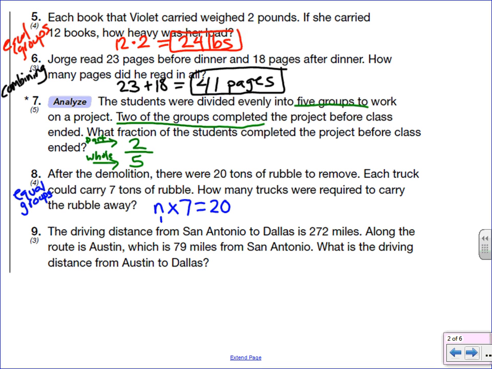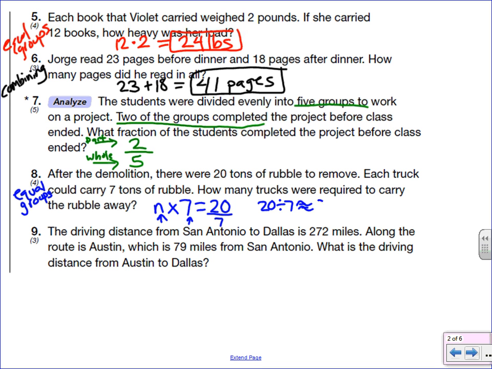When you want to solve for one of the factors, you take the known total and divide it by the known factor. So 20 divided by 7, that's not going to divide evenly, but we can think of it as 7, 14, 21. We need to move at least 20, so 3 would be required.